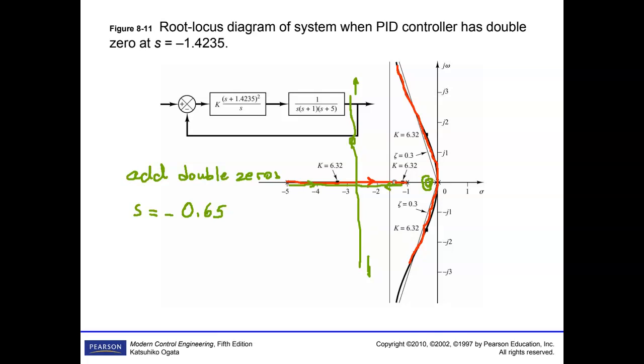For example, one point here, the other point here falls, which is very nice. The omega is high, sigma is high. Sigma high means your settling time is low, so it's improved. That figure is showing that one. That figure is showing this one.